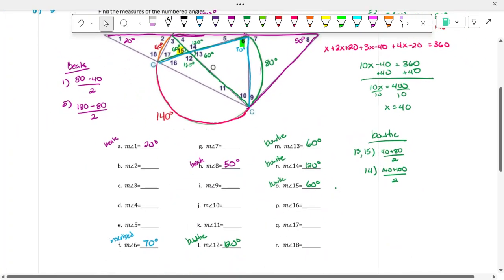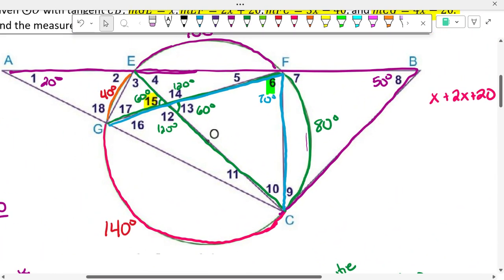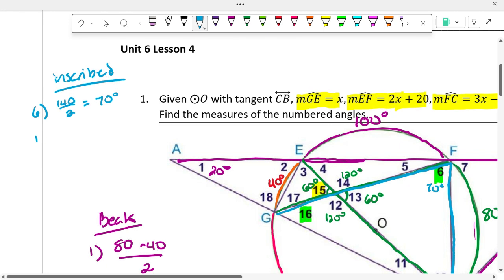Guys, good? All right. Now, ZMR also said that 16 is inscribed, and she would be correct on that. So if you look at angle 16, all right, what's the intercepting arc? It's 80. So for 16, if I do 80 divided by 2, what's that give me? 40.